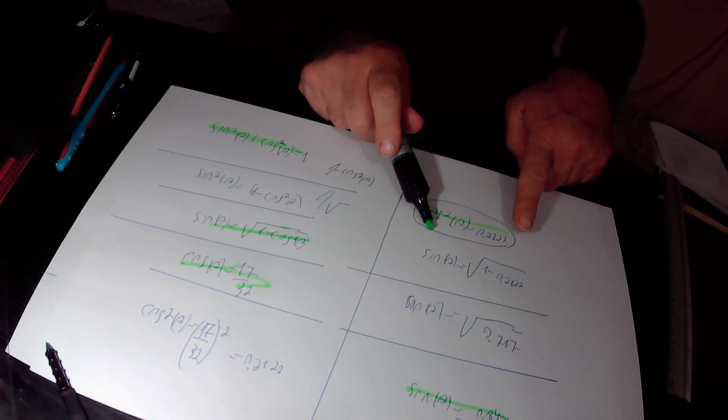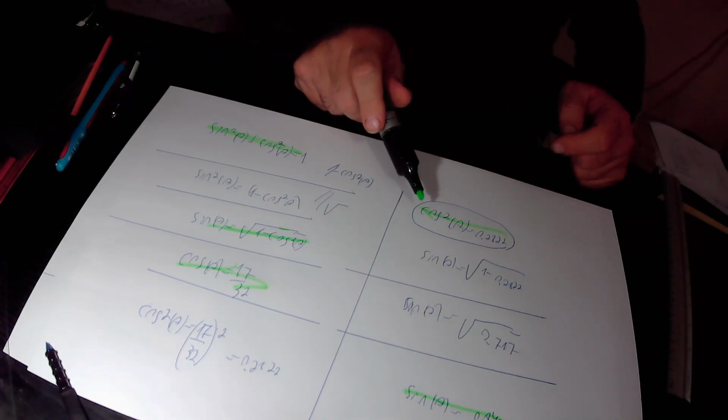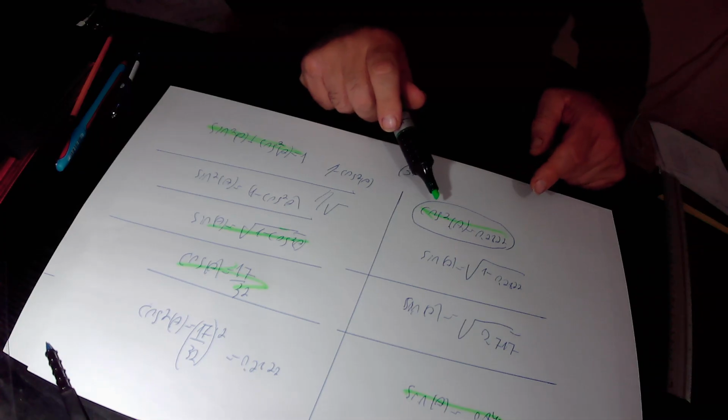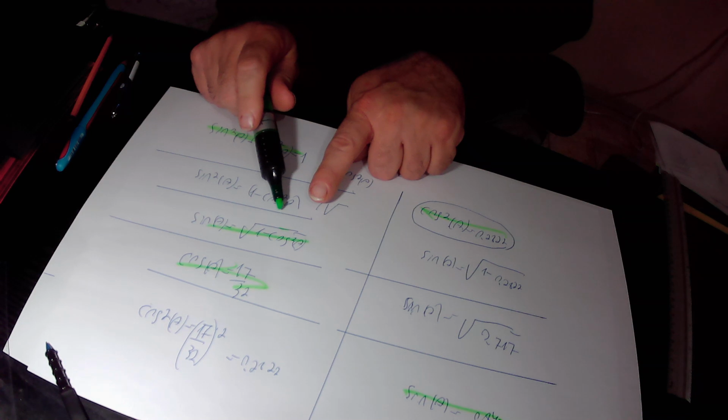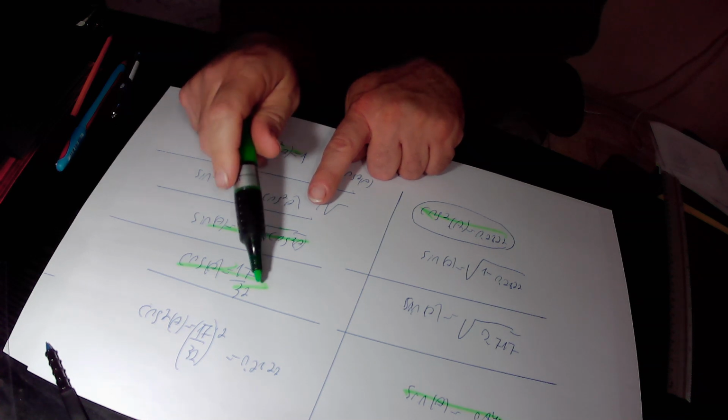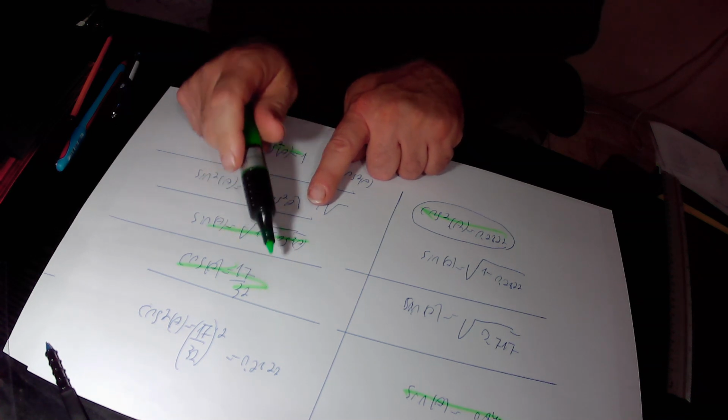We already found out that sin theta equals the square root of 1 minus cosine squared theta, and therefore we substitute cosine squared theta in this equation by 0.2822.